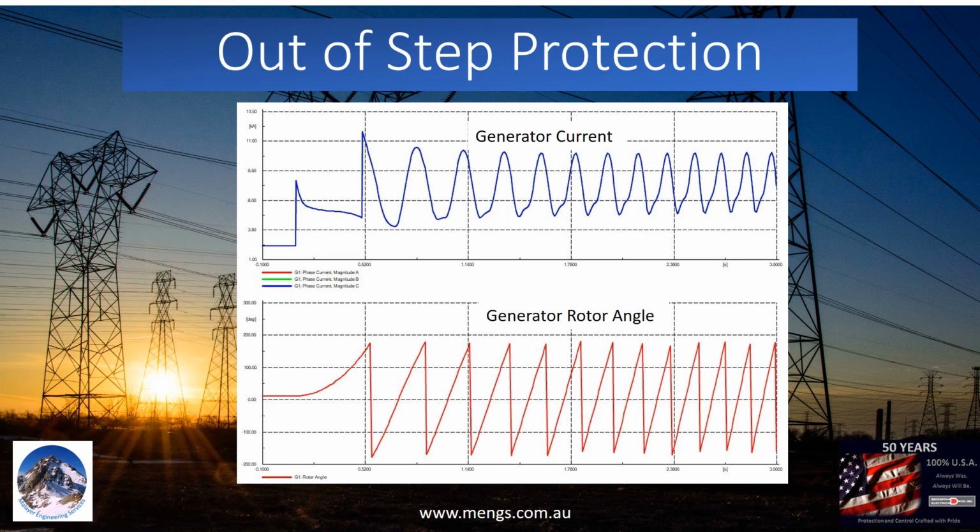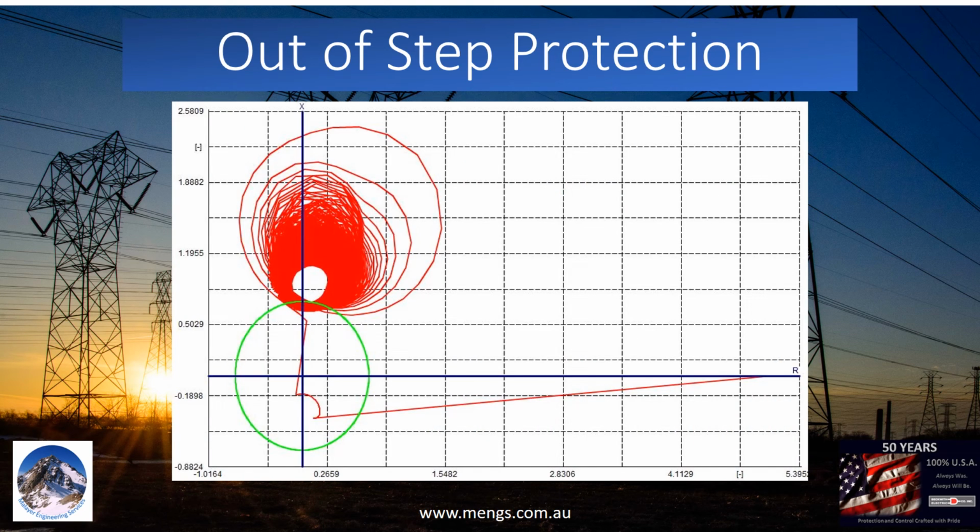If the fault clears after 400 milliseconds, the generator rotor angle will increase to more than 120 degrees. The generator cannot recover from this situation and enters a pole slip condition. Here is the impedance trajectory in this condition.